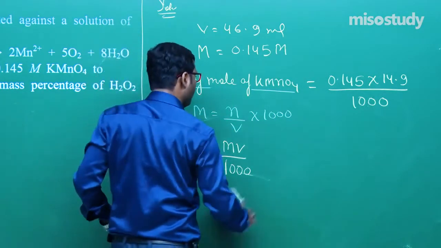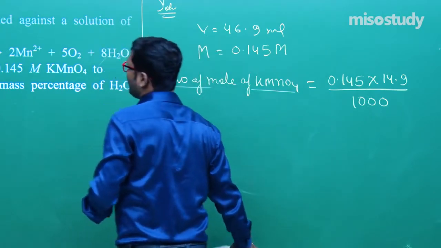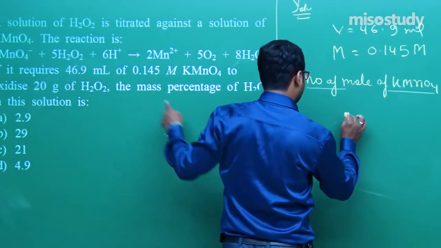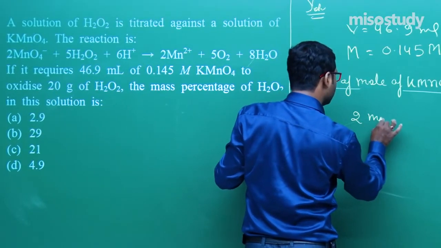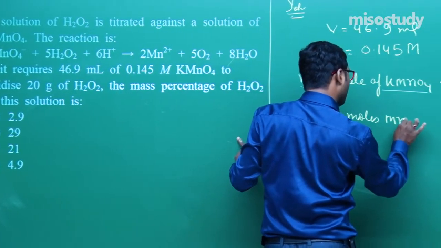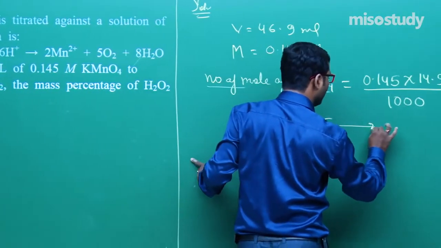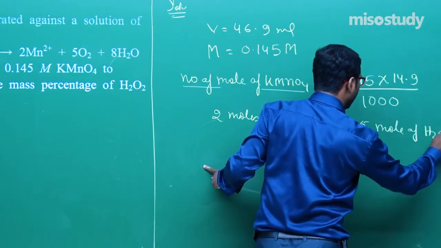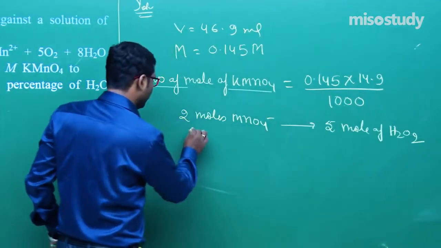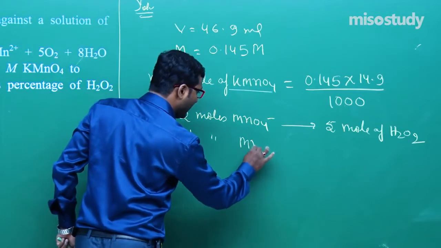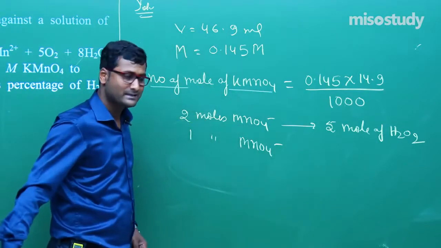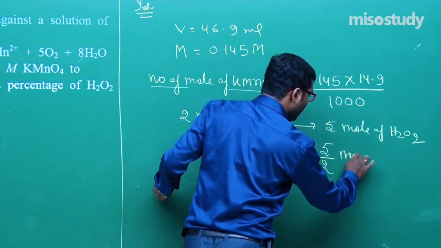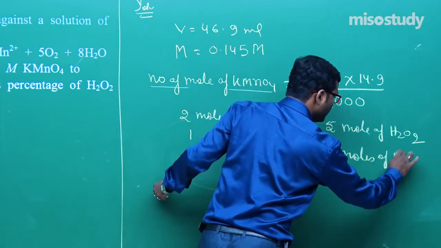Clear? Now compare with the standard equation. We have to find the number of moles. Look at it: 2 moles of MnO4 minus combine with 5 moles of H2O2 according to the equation. Then 1 mole of MnO4 minus ion combines with 5 by 2 moles of H2O2.